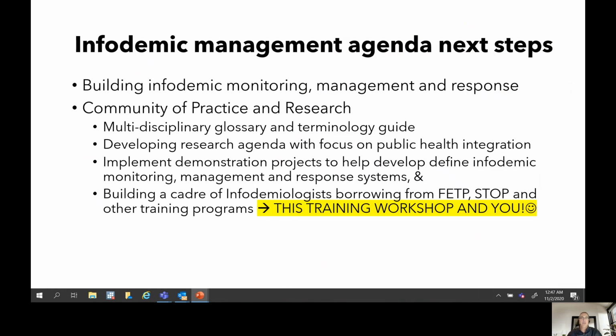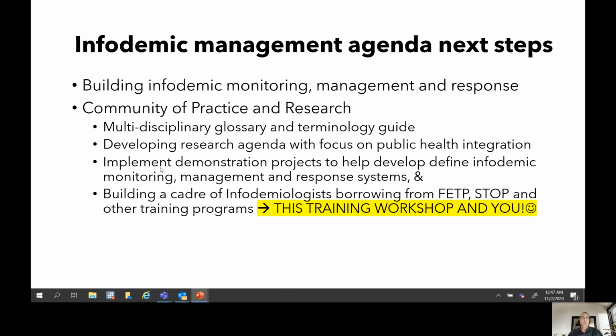And finally, just to cover some next steps that are coming down the pike in terms of building infodemic management. One is building infodemic monitoring, management, and response guidelines and SOPs, which we're really hoping to learn from you and your experiences too, to help inform that process.